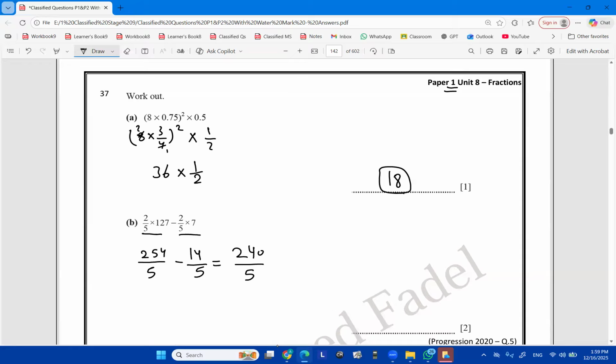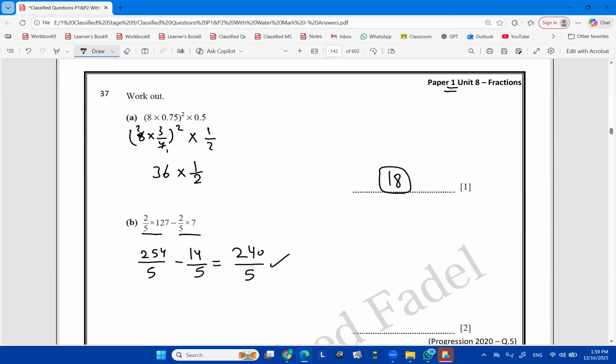Mister, if I leave it 240 over 5, would it be a mistake? No, they did not request from you the simplest form. So 240 over 5 is correct. But here it is a division. You must finish it because actually it's going to give you a whole number, not a fraction. So please don't leave it this way.